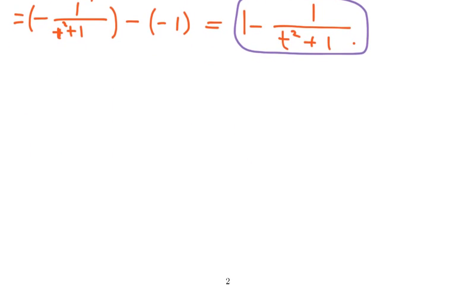Next, we're going to find the position function, s(t) equal to s0 plus the integral from 0 to t of the velocity function v(x) dx.